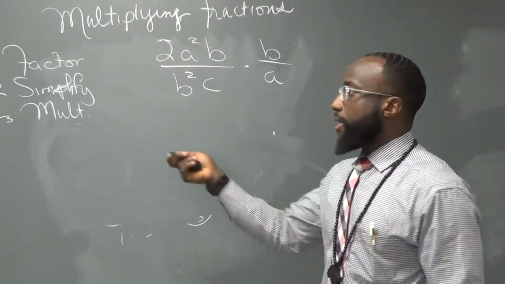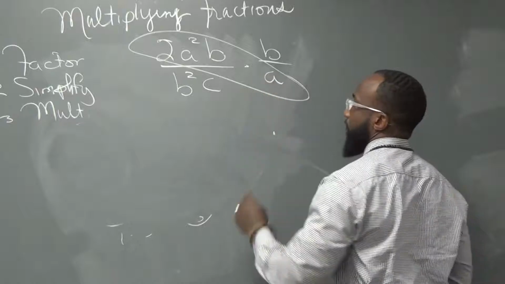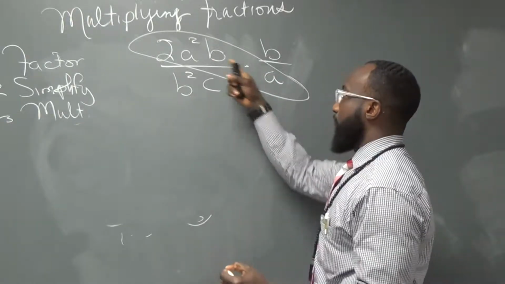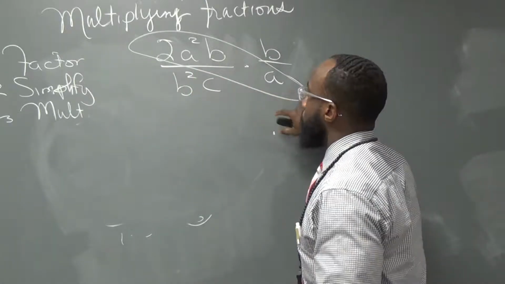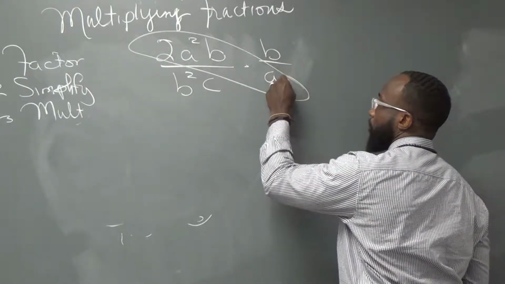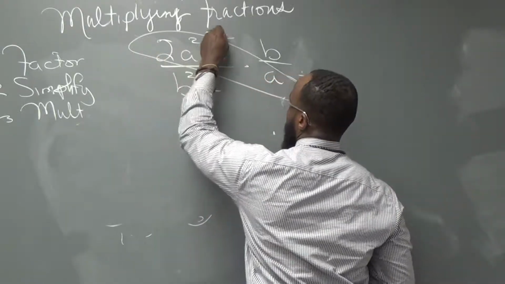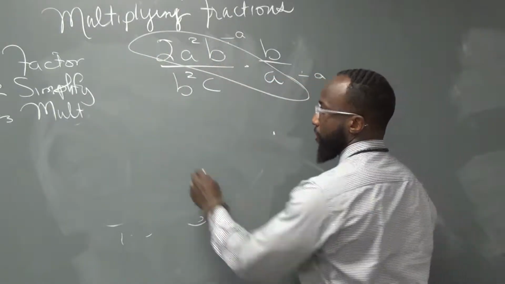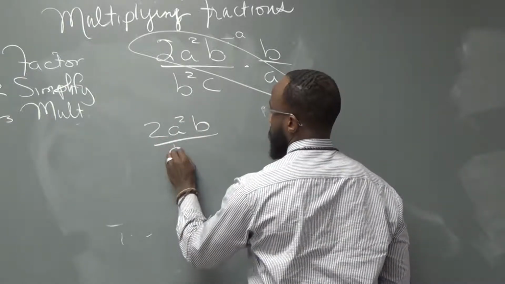However, you can, number 2, simplify if you look across from each other and find out what the factors are in these two. Between 2a squared b and a, you can pull an a out. So you would divide an a from both of these. When you divide an a from 2a squared over b, this is still just the numerator.